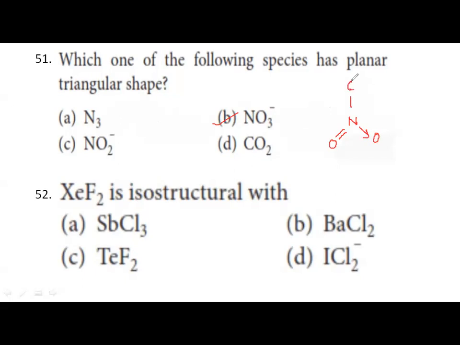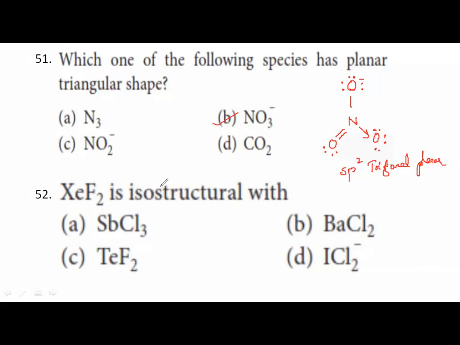If you balance the electrons, we have a minus charge here. Here there are 2 lone pairs of electrons, and here there are 6, that is 3 lone pairs of electrons. This structure comes because of sp2 hybridization, and because of sp2 hybridization, the geometry is trigonal planar, which is also called triangular shape.